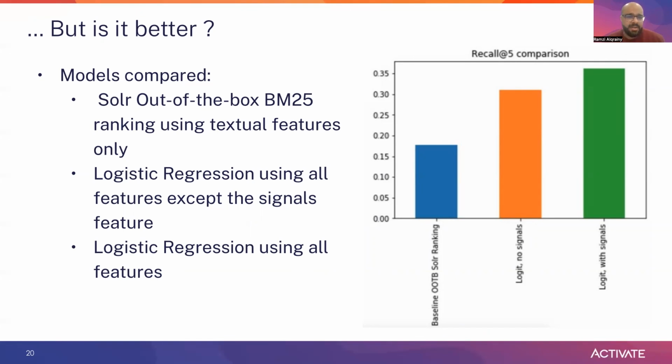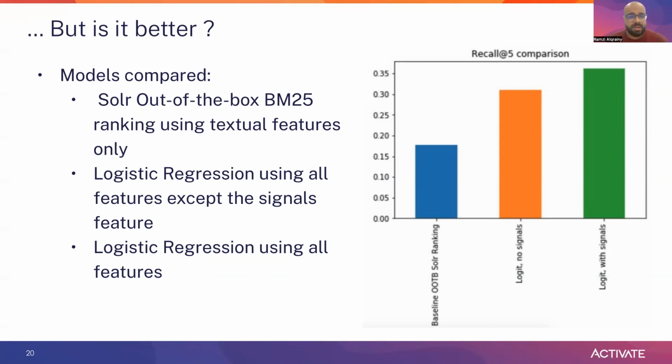The signal feature applies a query-aware boost to documents that are more frequently clicked or purchased. The learning to rank model will automatically weigh this feature along with all other textual features in order to maximize relevance according to our metric.